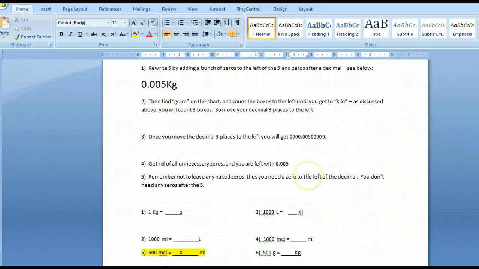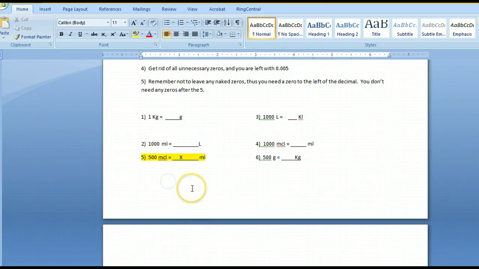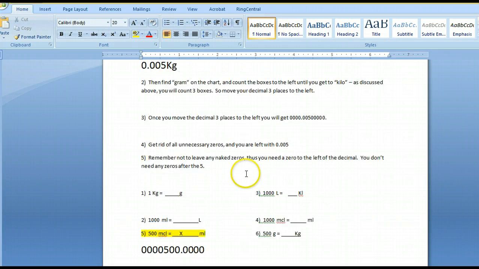Now before I start doing my counting, I kind of skipped ahead before. We want to rewrite this number, the 500. We're going to put a decimal, and we're going to put some zeros to the right and some zeros to the left. I know it looks kind of funny, but that's so we can do this problem. As you get good at these, you won't probably have to write those zeros, but it helps us keep track of where our decimal is.